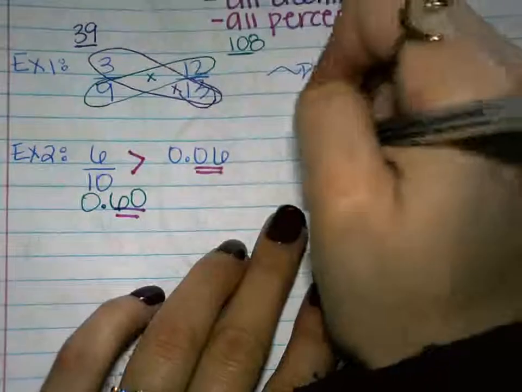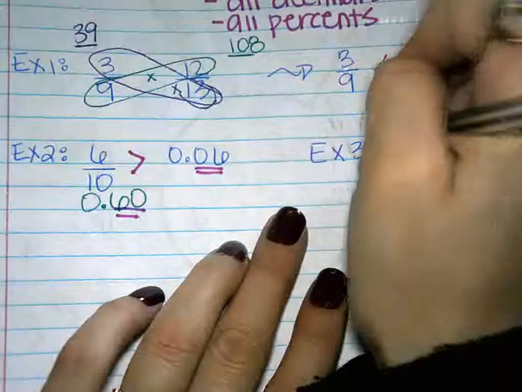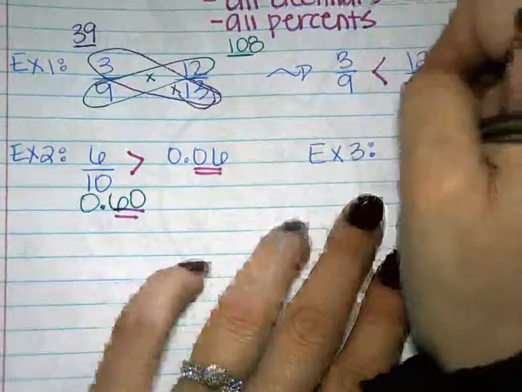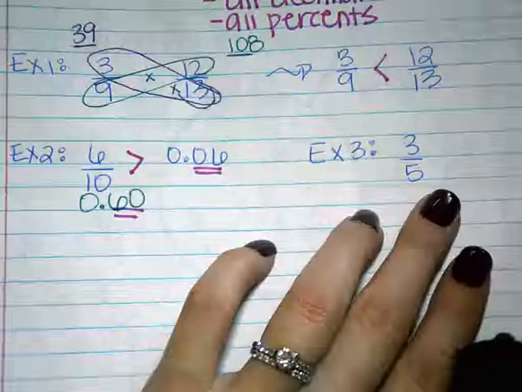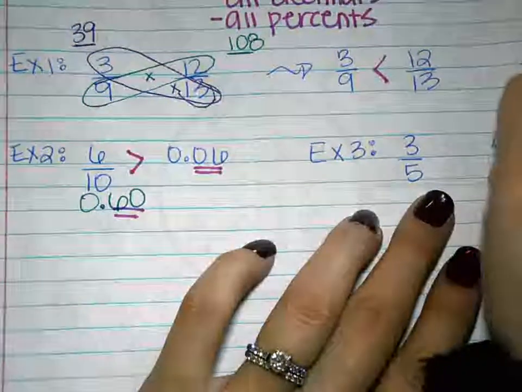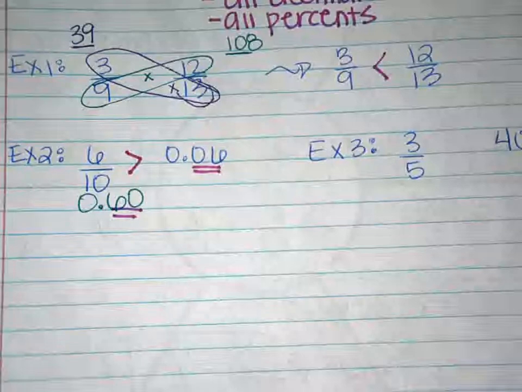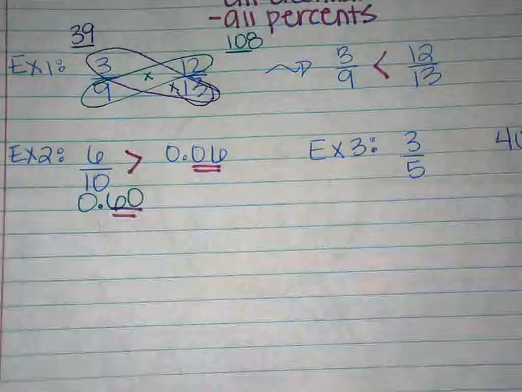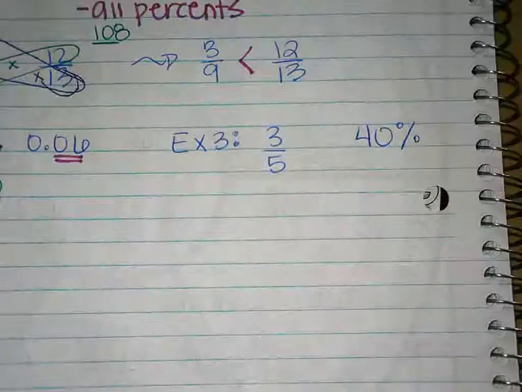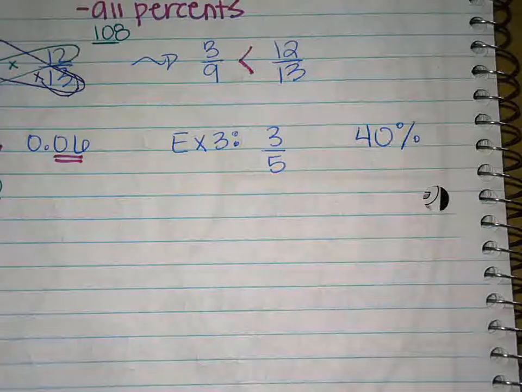Okay, let's try another example. Example 3. 3/5 compared to 40%.